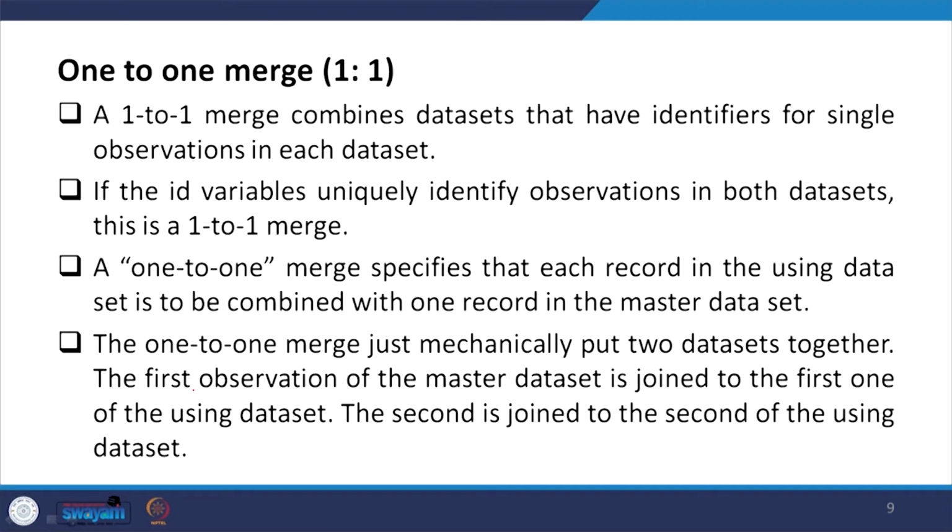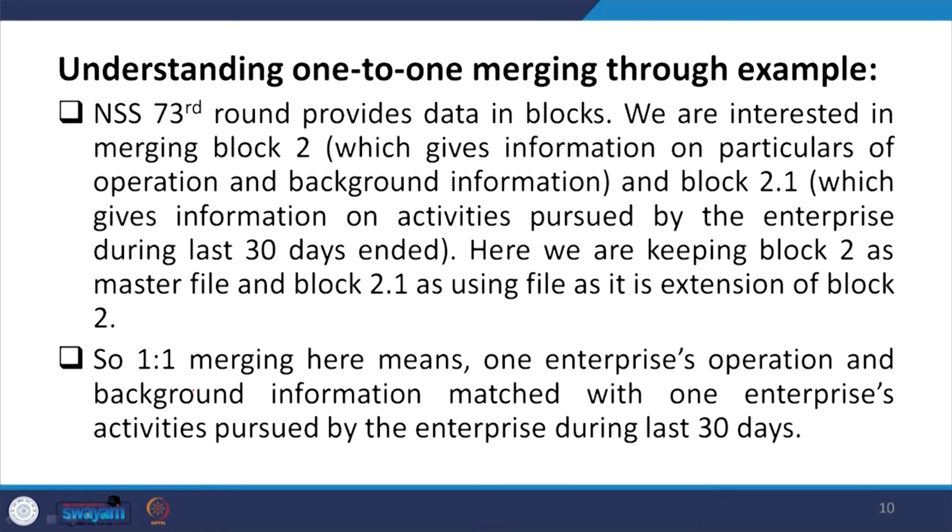So, in a 1 to 1 merge, we just mechanically put 2 data sets together, alright. The first observation of the master data set is joined to the first one of the using data set, the second is joined to the second one in the using data set, and accordingly it goes. Now, let us understand from real-life data sets. The data sets we are referring to right now are from the 7th round of the National Sample Survey, which provides data in blocks, which we have already shown to you.